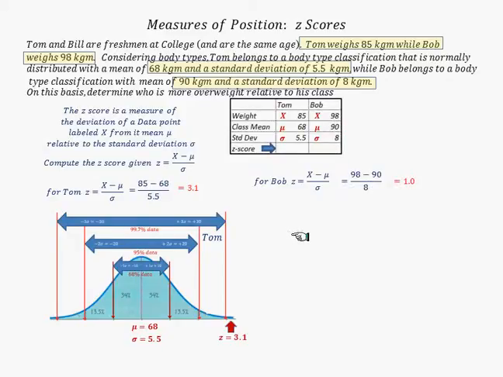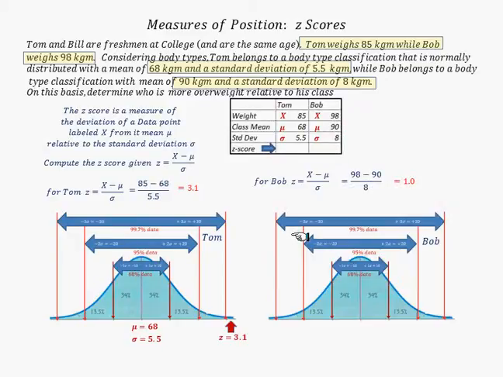The difference there suggests sigma, or z, equal to 1. So for Bob, he's actually 1 standard deviation above his mean. So the result is that Tom is more overweight relative to his class than is Bob relative to his class.